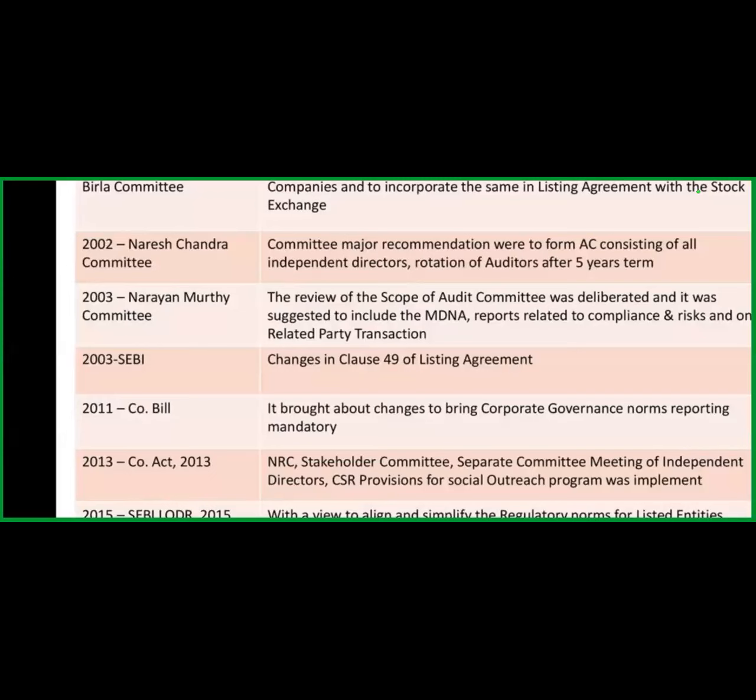And because of that good rapport, good relations between the auditor and the company, certain things which are not required or which are not lawful also are ignored by the auditors. Why? Because they have a good rapport.